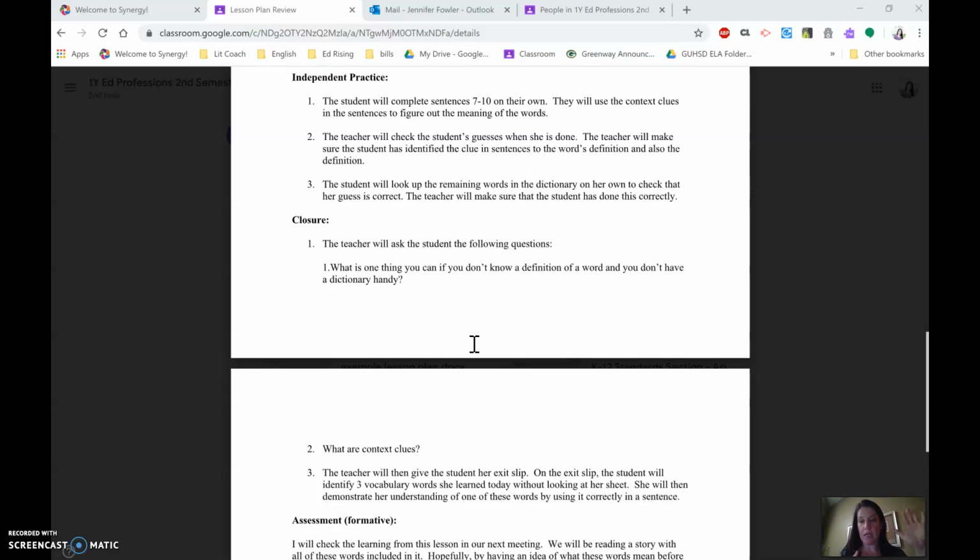Independent practice is practice on its own, but then you have the closure that is kind of a group check. It can be a ticket out the door, it can be a thumbs up, it can be a choral response, but it's that end of the lesson. Did everybody get it, did I hit the things I needed to hit? Are the kids getting it as we're going?